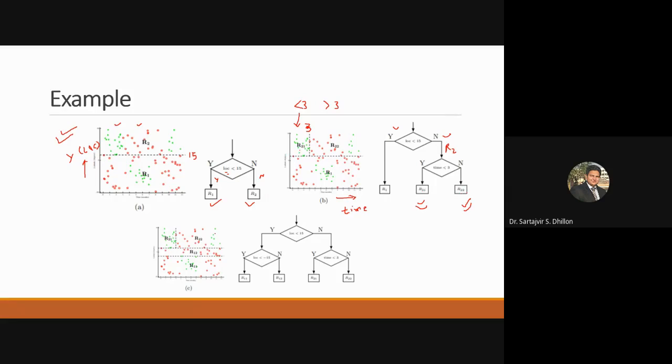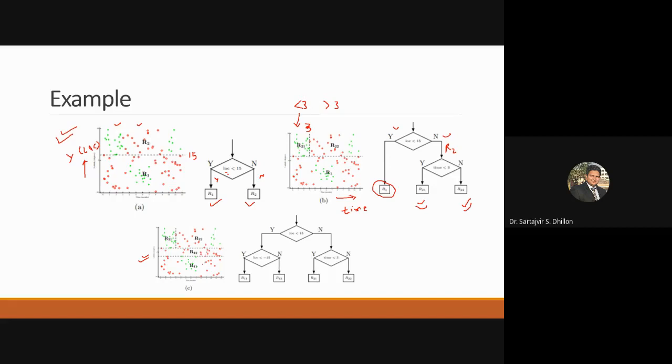Then again, there is a third case, and we are talking about region 1. In order to split the region, in this case they have divided the region into two parts, as you can see here.